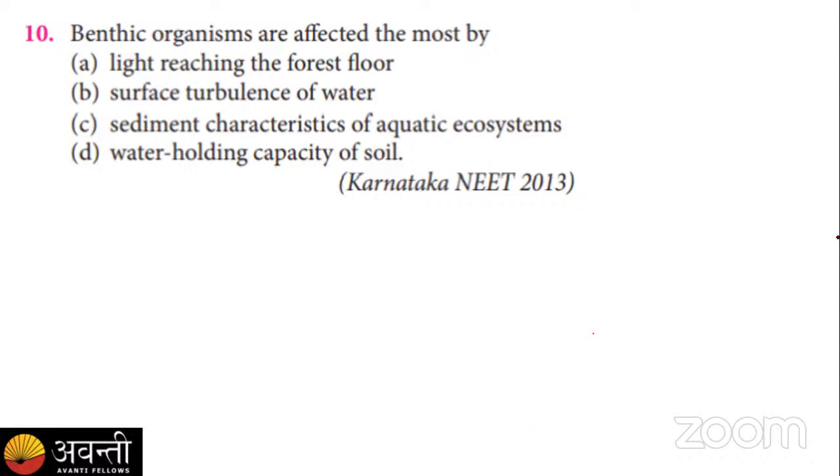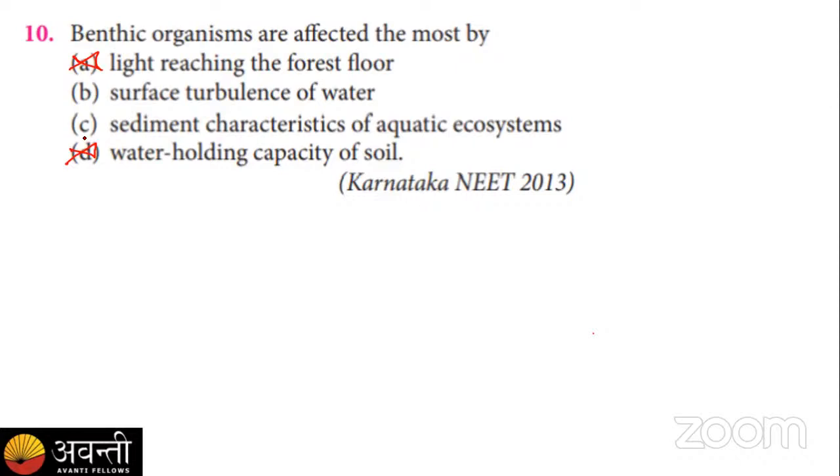Okay, so as you know, the benthic organisms are found at the bed of the aquatic system. So option A and option D get eliminated automatically because they are talking about the forest floor and the soil, right? In the last two options, we have the surface turbulence of water, that means the change in the surface water temperature or the movement, and C, the sediment characteristic of aquatic system.